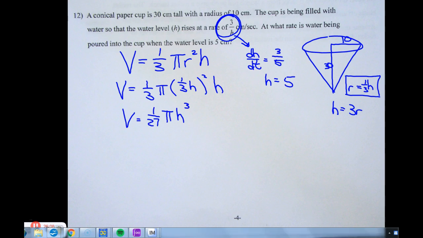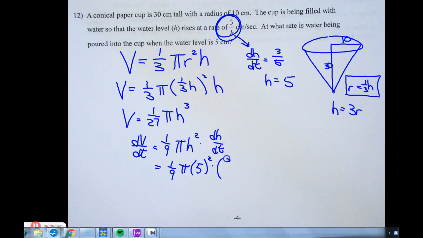So, derivative of V, dV/dt. 3 times 1/27 is 1/9. Reduce the power by 1, so h squared, and then dh/dt. So dV/dt equals 1/9 pi times 5 squared times 3/5.